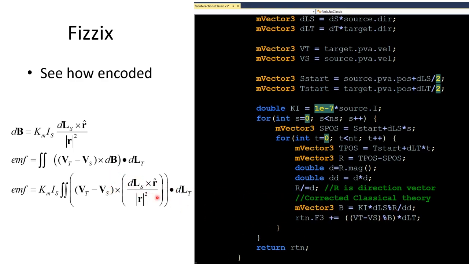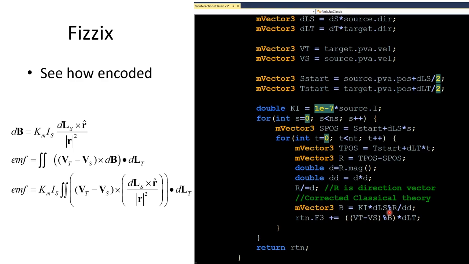Okay, so here we have DLS cross, and in my physics software, for these M vector 3s, I have overridden the operators. When two M vector 3s are multiplied with a star, that does the dot product. When two M vector 3s are multiplied with the percent sign, that does a cross product.